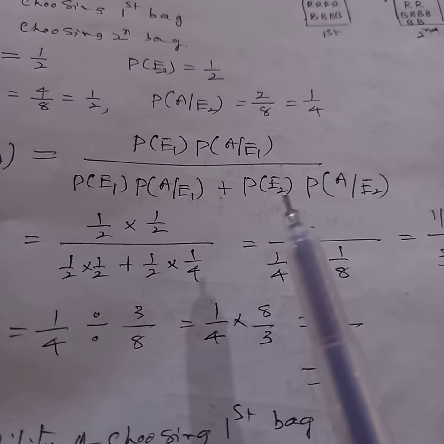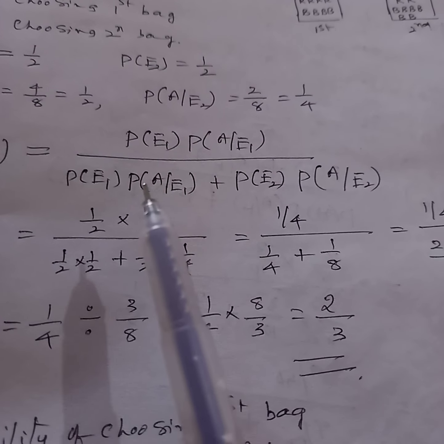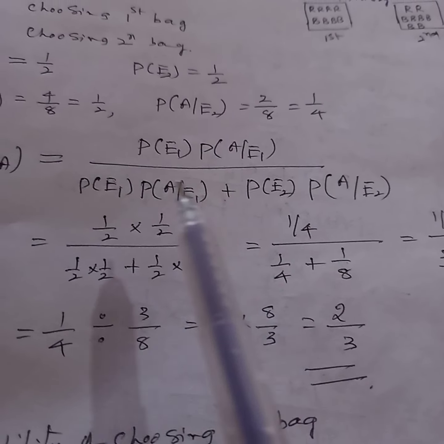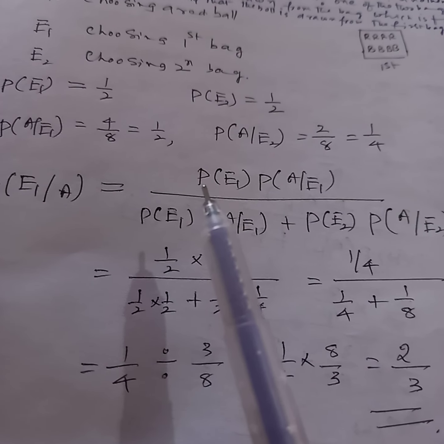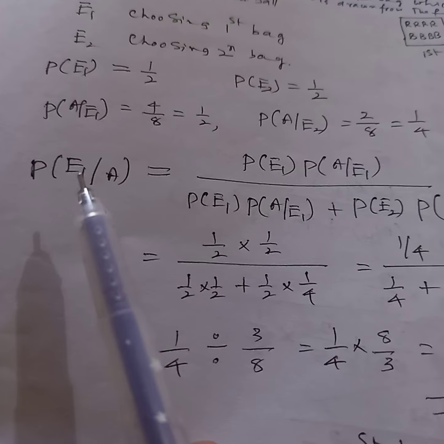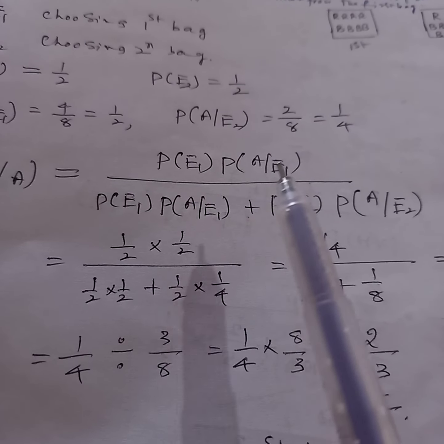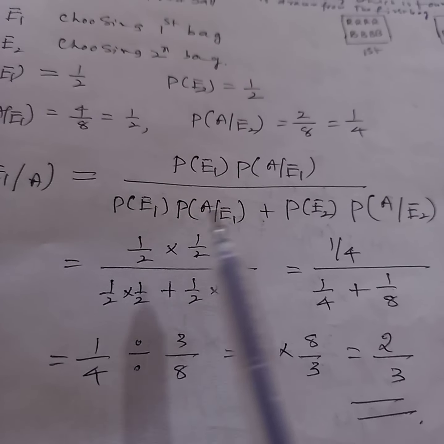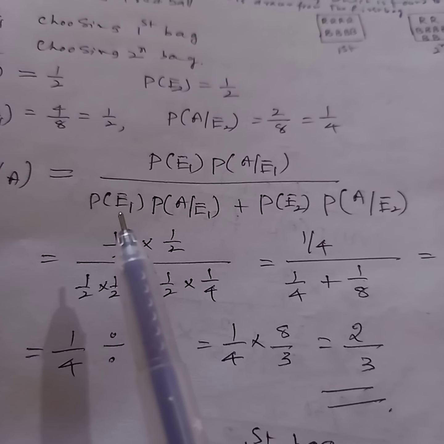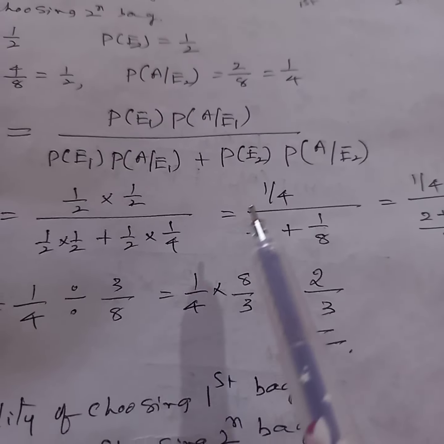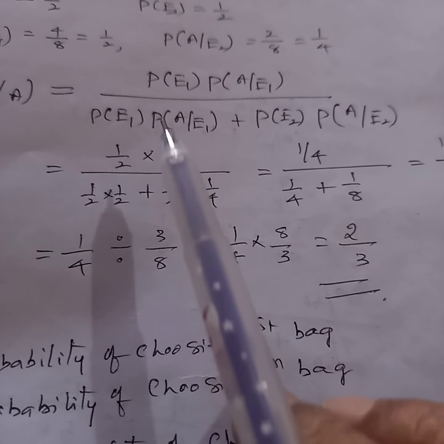In place of E1 you put E2, look here: P(A|E1), P(A|E2), P(E1), P(E2). The same thing is repeated here, and for the second term, in place of E1 you write E2. Then put the corresponding values.